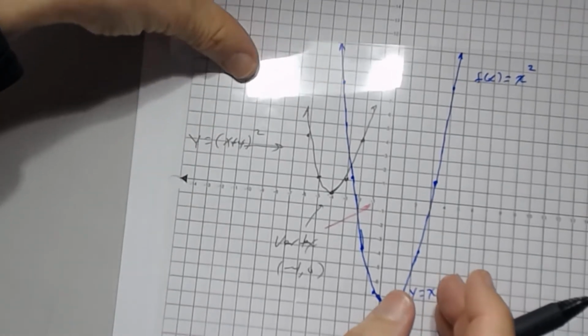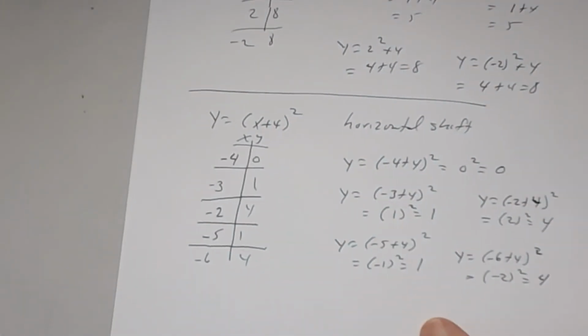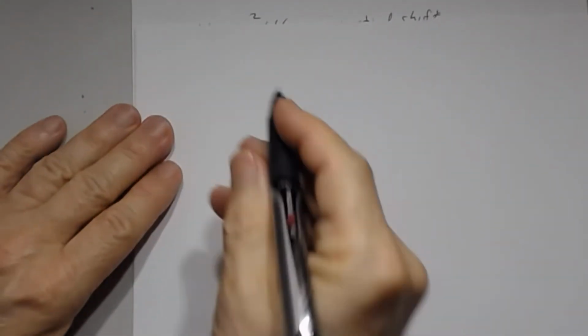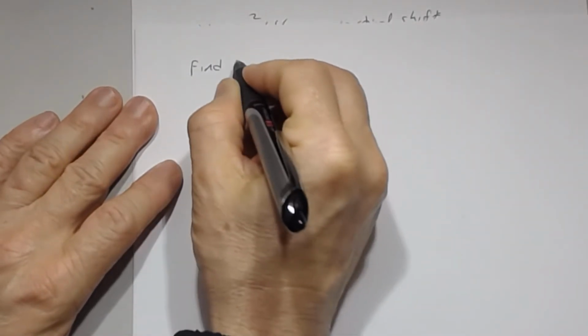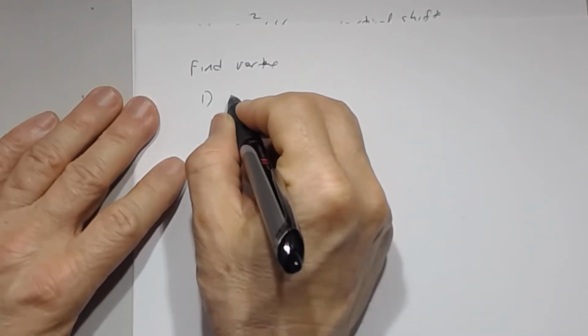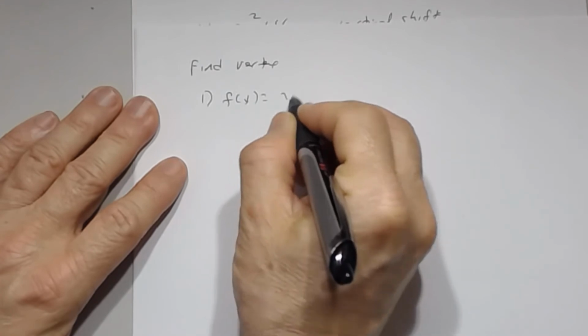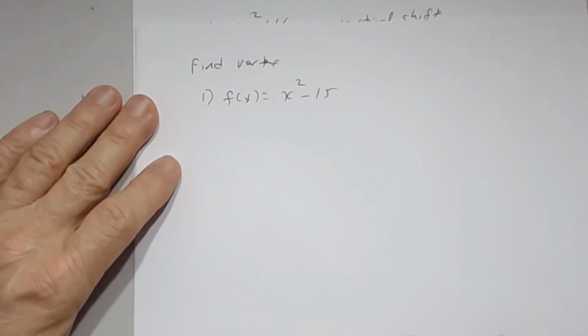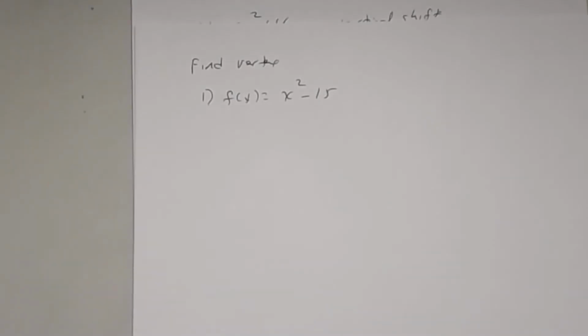Okay? All right, now let's look at this. Suppose I just want you to tell me what the vertex is. Find the vertex. So here's the first one. Suppose I had f of x equal x squared minus 15. Just show me the vertex. First of all, you have to determine whether it's a vertical shift or horizontal.